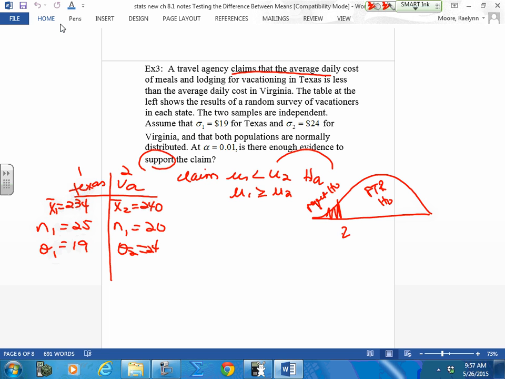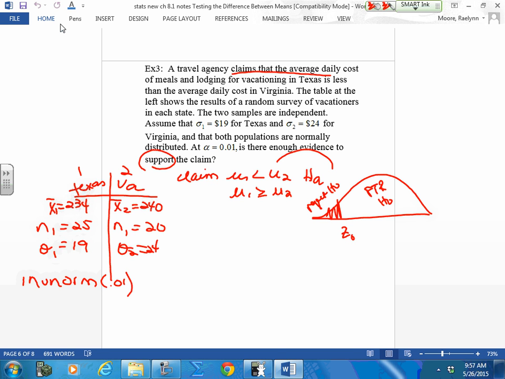We've got to find your cutoff point. Now that's your critical Z value. We're doing Z-scores because we know the population standard deviation. So you can go to inverse norm. You're only one tail, so you can see what inverse norm is at the 0.01.